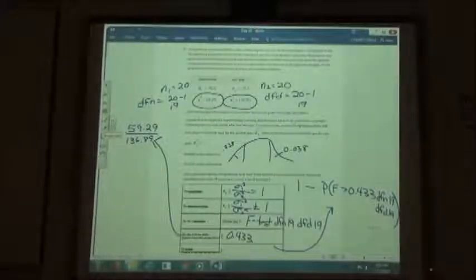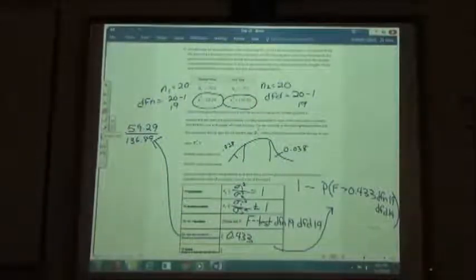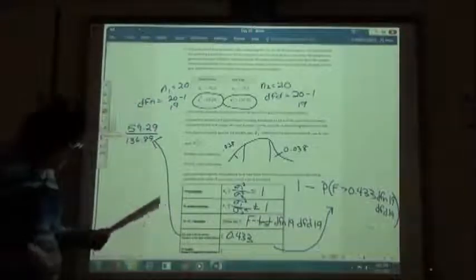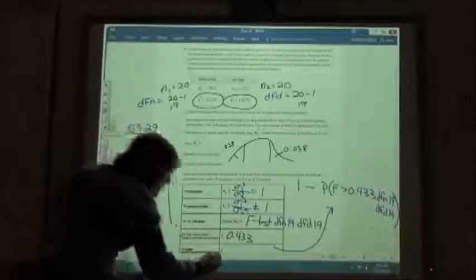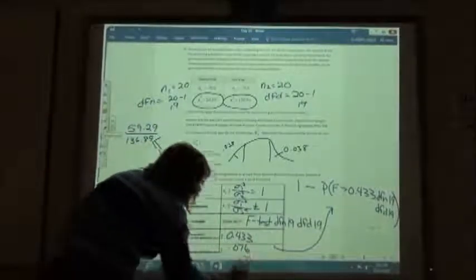Since those two percents are the same, I can either add them together or multiply by 2 to find my p-value. So 0.038 plus another 0.038 would give me 0.076.